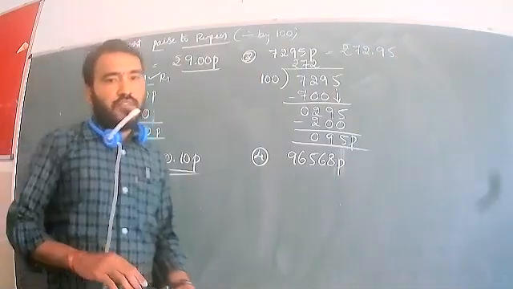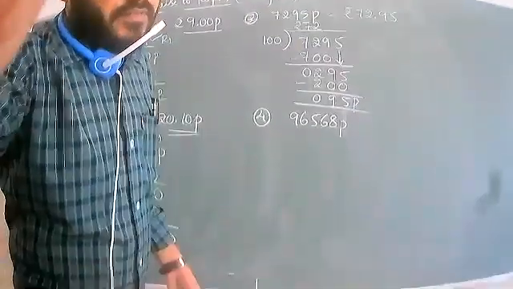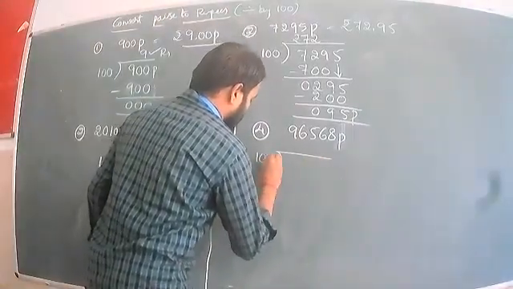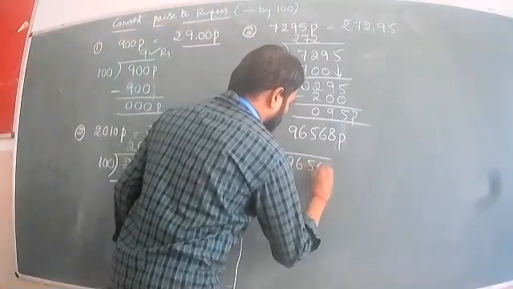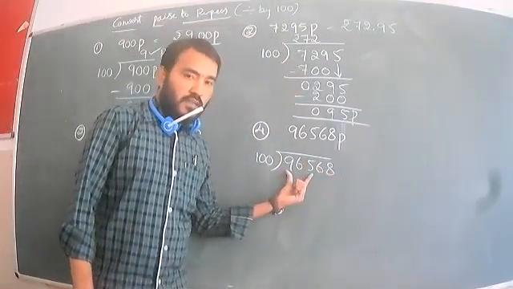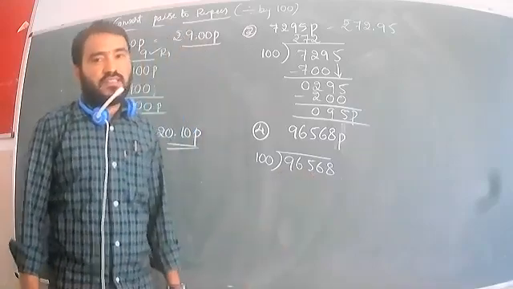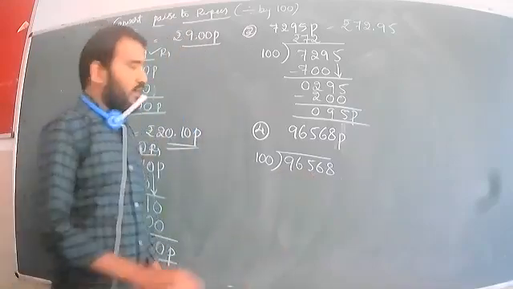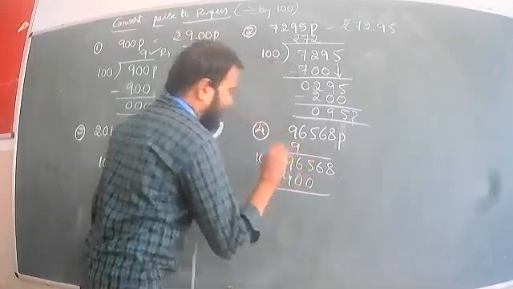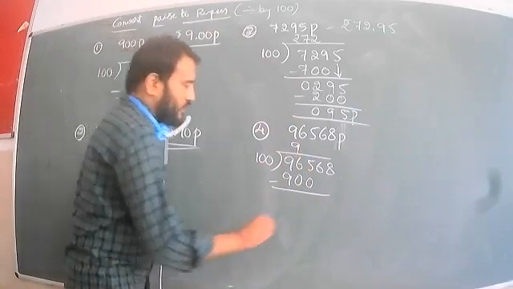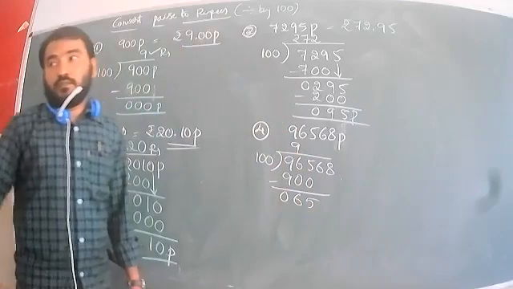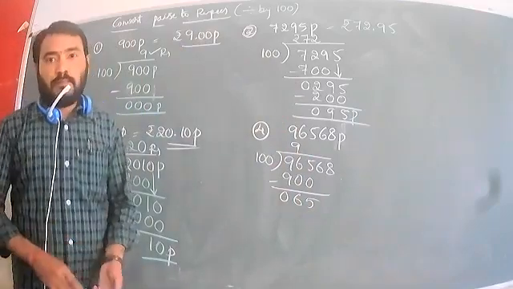Let me do the last question. Divide by 100. First take the 3-digit number, 965. In the 100 table, the nearest number is 100 times 9, 900. Now subtract: 5 less 0 is 5, 6 less 0 is 6.